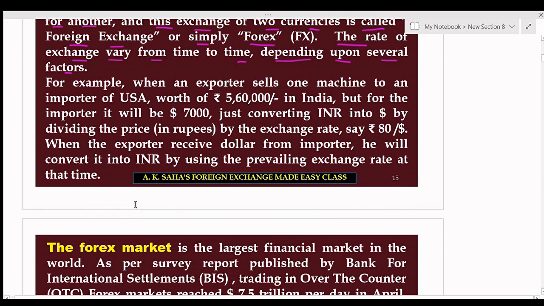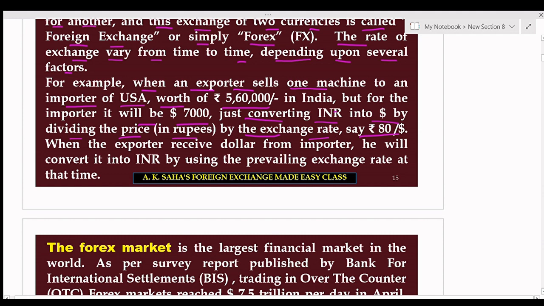For example, when an exporter in India sells one machine to an importer of USA worth rupees 5,60,000, for the importer it will be $7,000, just converting INR into dollar by dividing the price in rupees by the exchange rate, say rupees 80 per dollar.